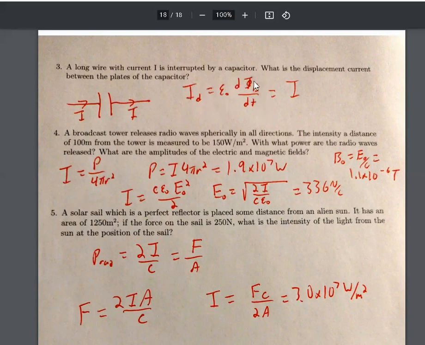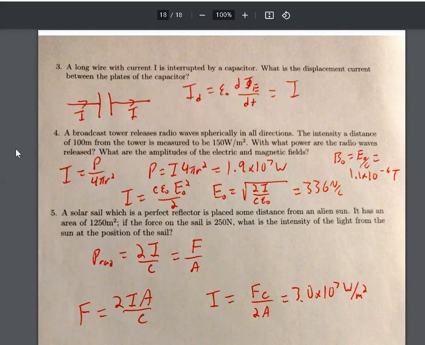So if we wanted to, we could calculate the electric flux given the charge on each plate here, and then take the time derivative of that and multiply by epsilon naught. But we kind of don't have to. It just has to be I, like by the symmetry in the problem, or from the argument that we made in class when we derived Maxwell's correction to Ampere's law in the first place.